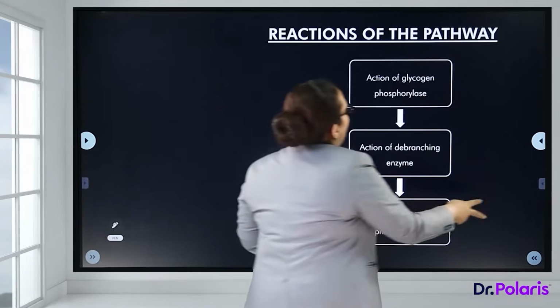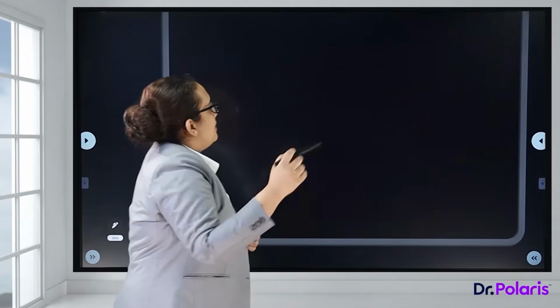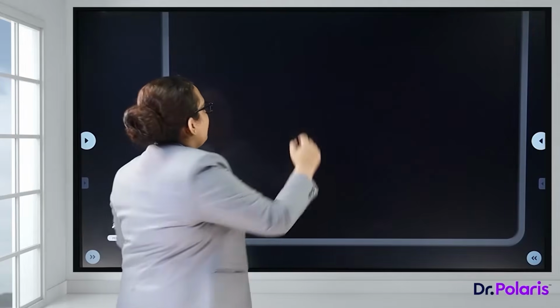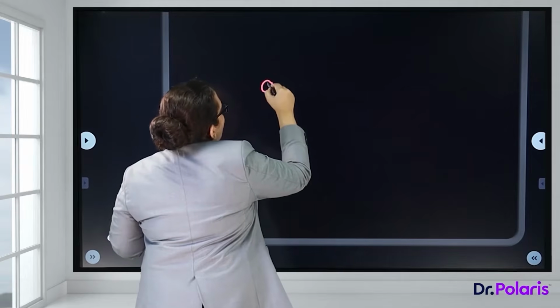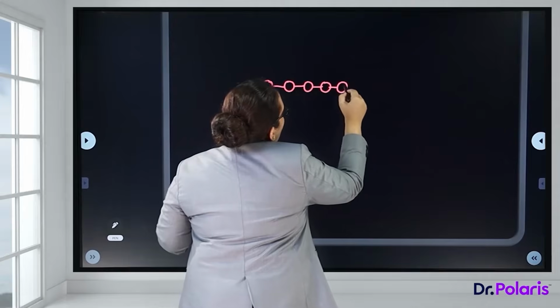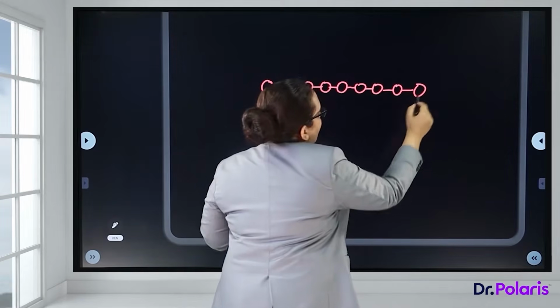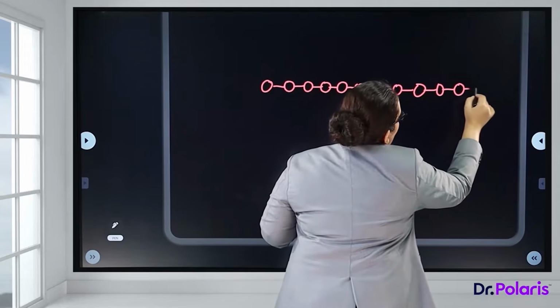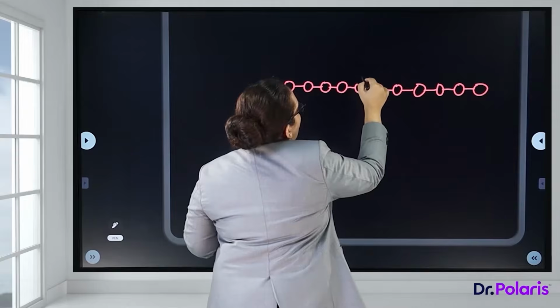So let's have a look at the action of glycogen phosphorylase. Now just draw a simple structure of glycogen, not the globular one that I drew earlier. Imagine this is the straight chain, and then you have a branch point somewhere here.